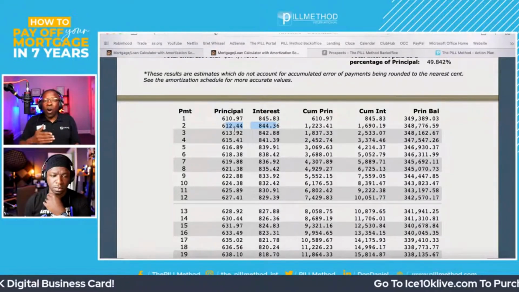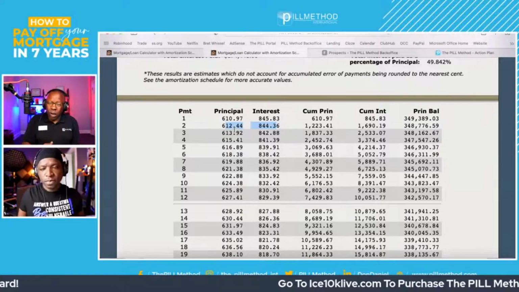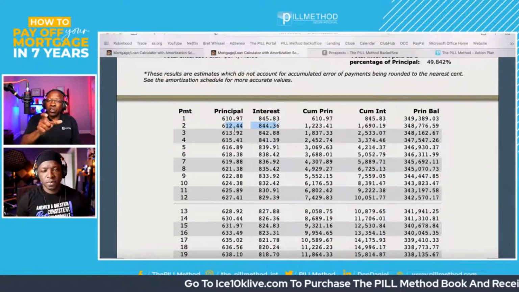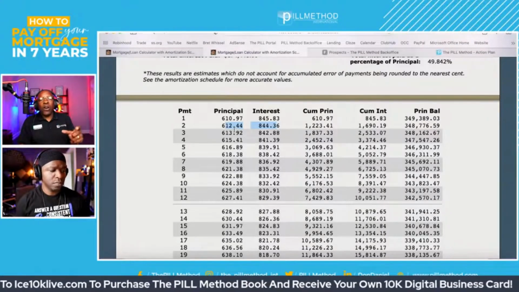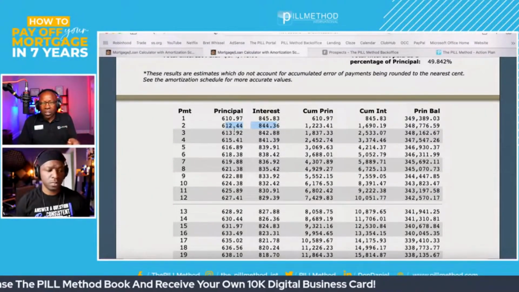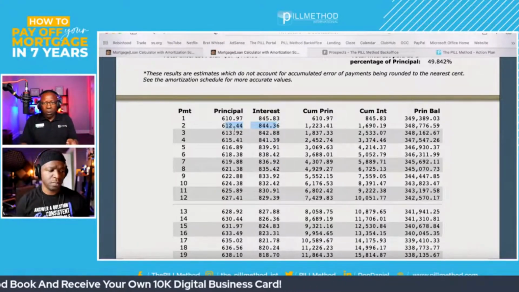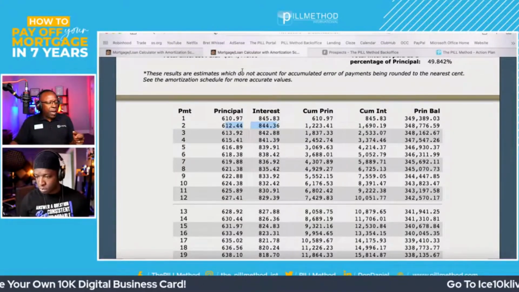No, what they do is they offer you a lower interest rate, show you a smaller overall interest cost for 30 years, and then make it harder for you to prepay. That's what's going on here.